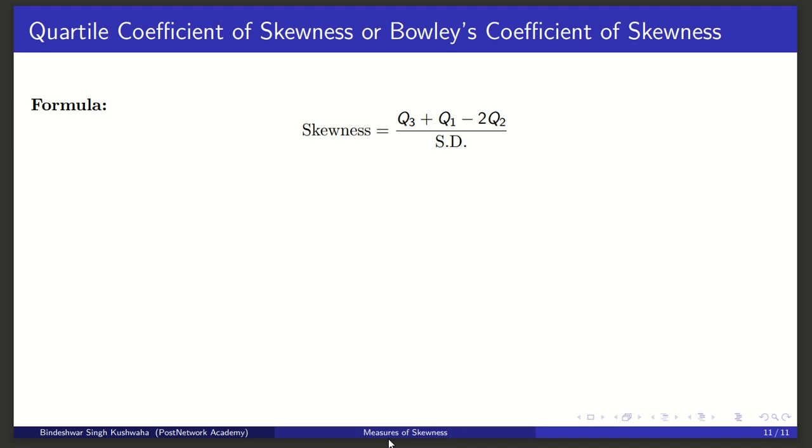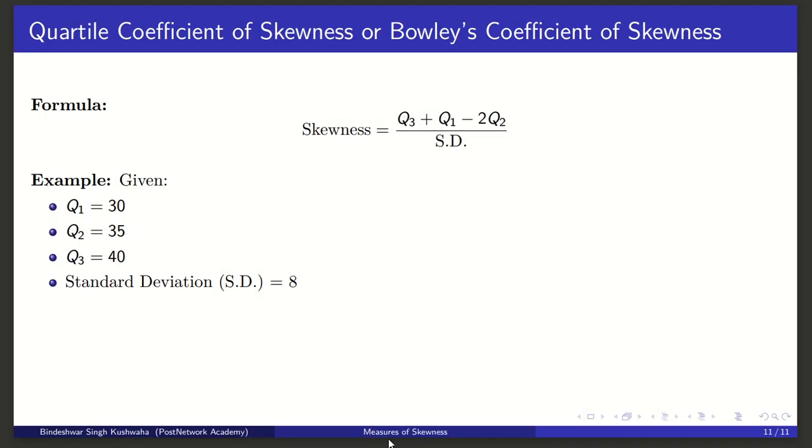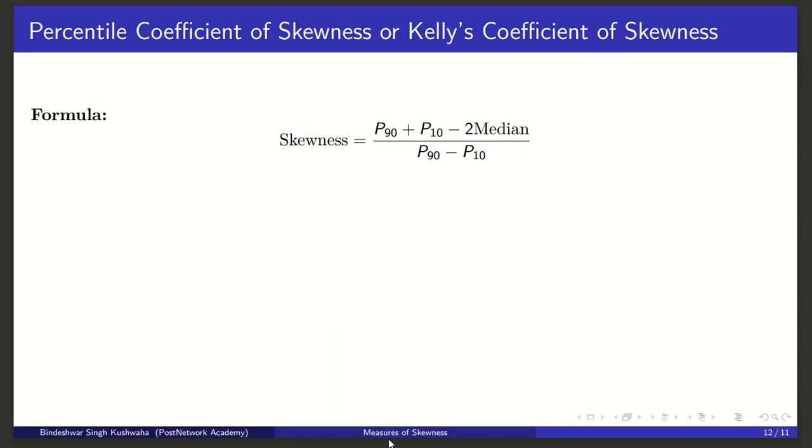Bowley's coefficient of skewness, which is based on quartiles, if you plug in the values you will get 0. Now the last one, the percentile coefficient of skewness or Kelly's coefficient of skewness.